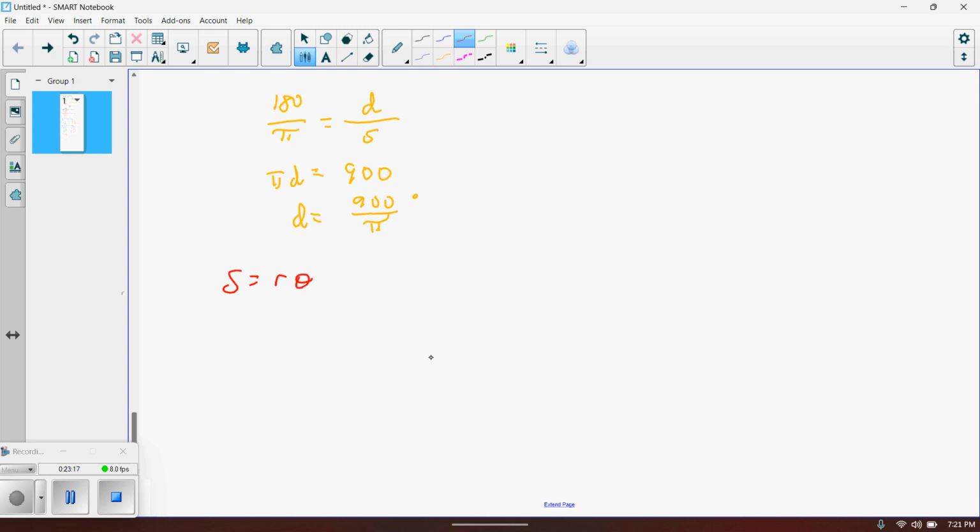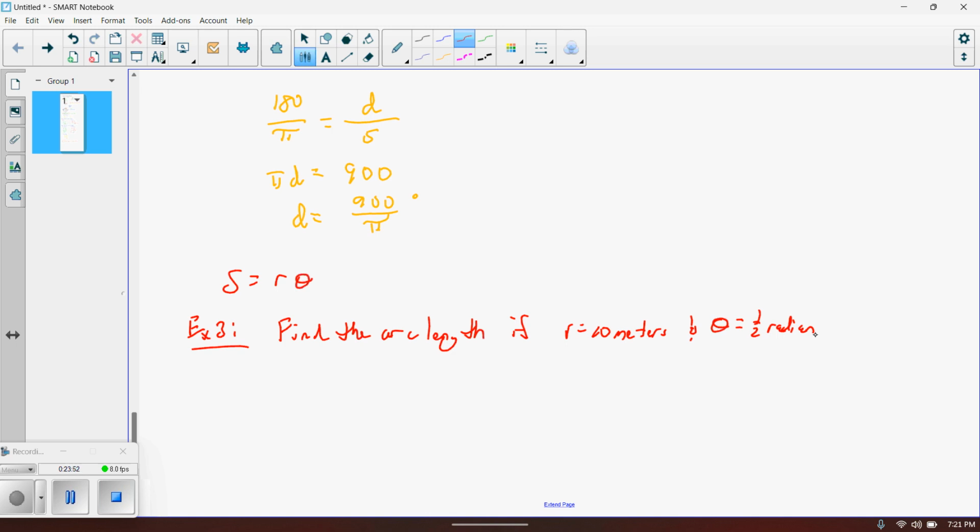Let's say we want to find the arc length. We'll call this example 3. Find the arc length if the radius is 10 meters and theta is 1/2 of a radian, or 0.5 radians. Again, that has no pi in it, but it doesn't matter.